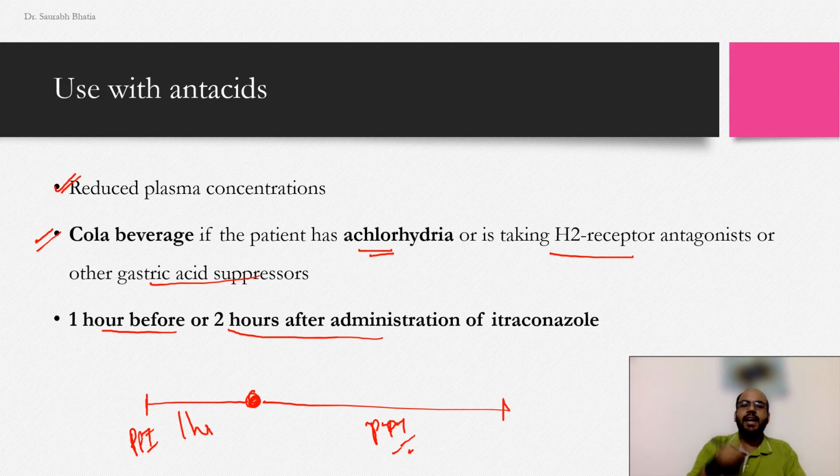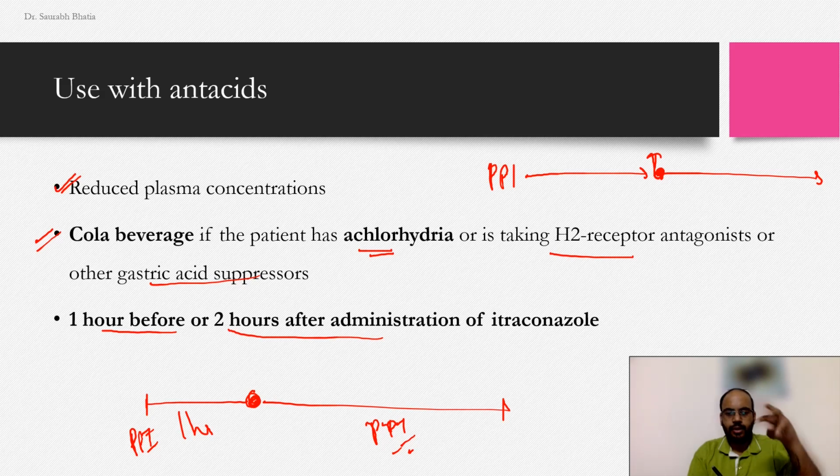So the way I advise is, you take the PPI first, you wait for roughly an hour, have breakfast, and then after 2 hours you can either take another PPI if you're on a BD dose, or you take it with lime water. Lime water in the sense, you have a glass of water, you squeeze half a lime and then take itraconazole, and this is at the time of breakfast, early morning. So that's what I advise.